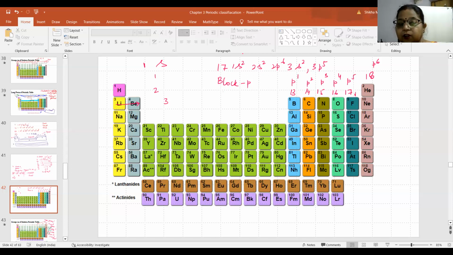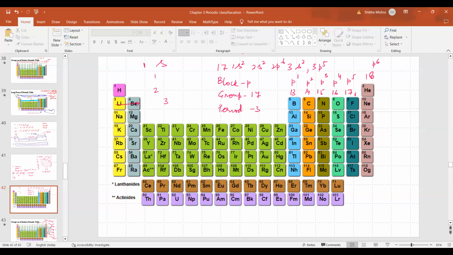So this is block P, group number 17, and the period number is the highest quantum number, that is 3. Is it making sense to all of you? Yes, ma'am.